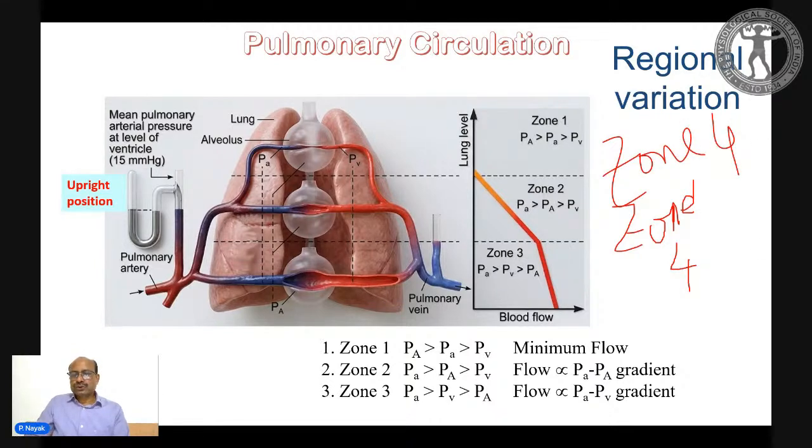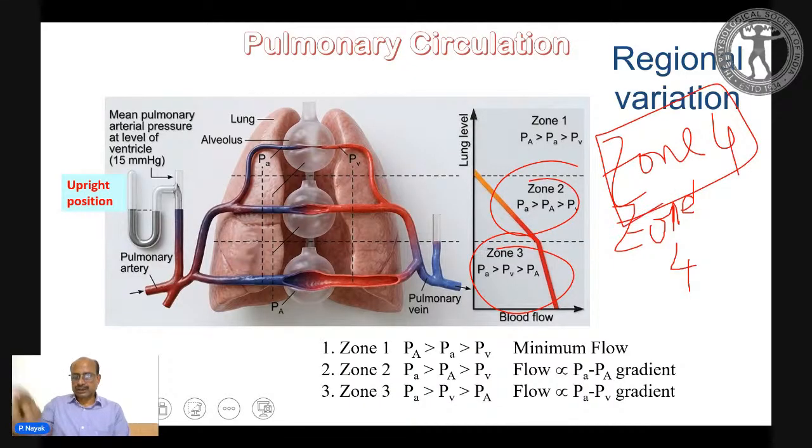Zone 4 is also important for anesthesia during operating time. For them it is more important. We consider zones up to this stage. Physiologically, zone 2 and zone 3 are important. Zone 4 is clinically important for anesthesia.